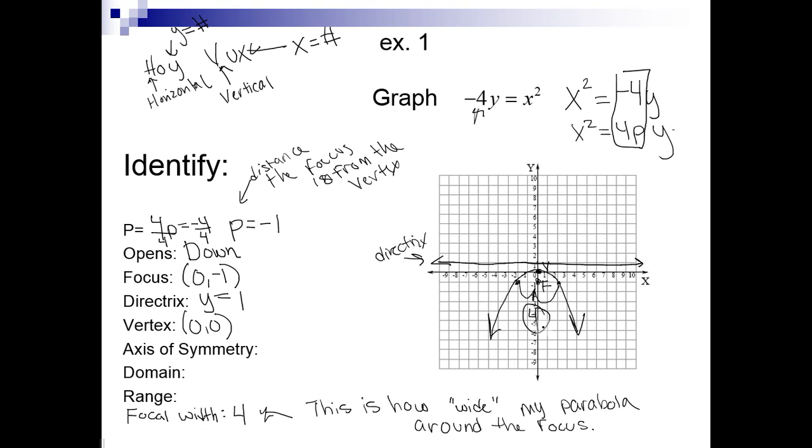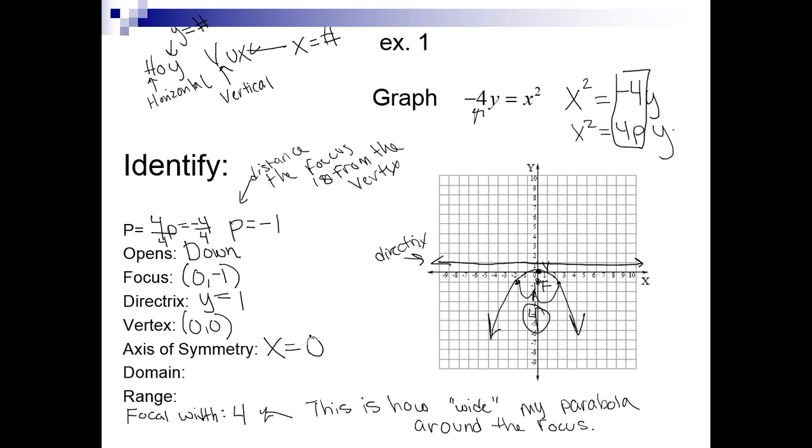Now, your axis of symmetry is going to be just like last time. It is where I can fold this parabola and it will line up perfectly. So I know it's going to be a vertical line at x equals 0. Now today you're going to be using x equals 0 a lot, just because we're not moving our parabola at all yet.